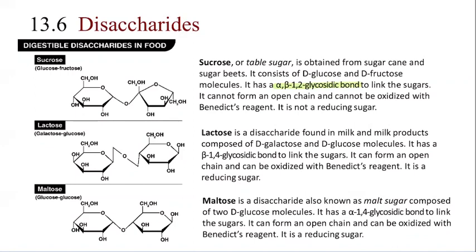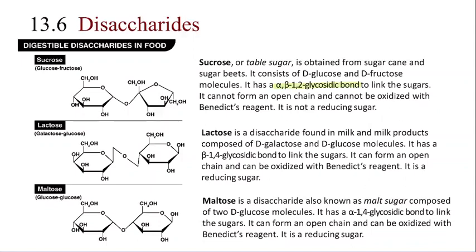So that glucose and fructose, now that they're holding hands via their anomeric positions, they cannot open the chain. So that means that if you do the Benedict's reaction on it, you will never find aldehydes in it. So that means that sucrose is actually a non-reducing sugar. So if you do a Benedict's reaction with a sample of sucrose, it will remain blue.